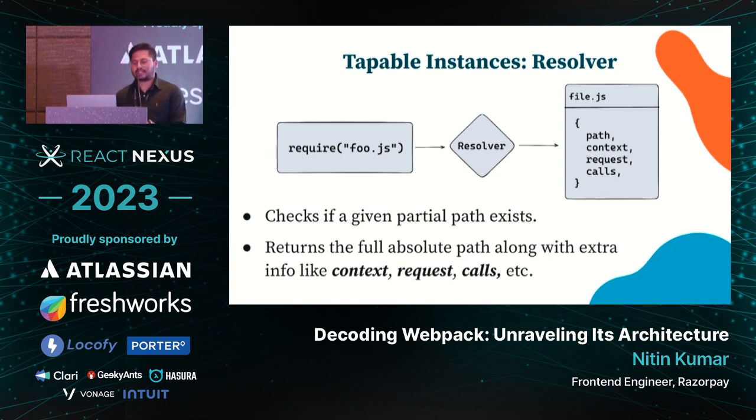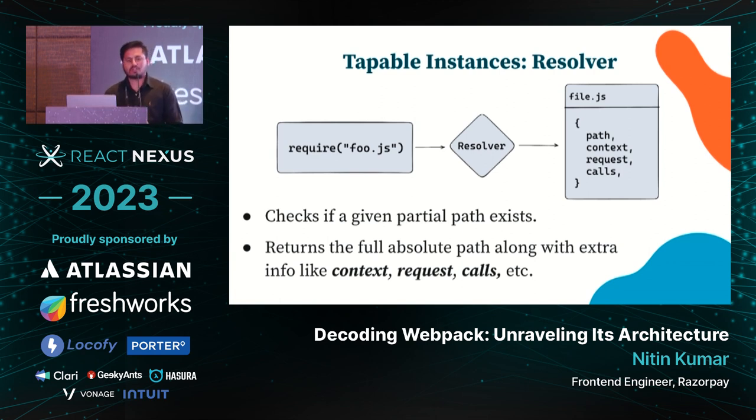Then it will check if this file exists or not. If this file exists, it will return an object which will contain some additional details as well. It will contain the absolute path of the file and the context and some other properties as well.